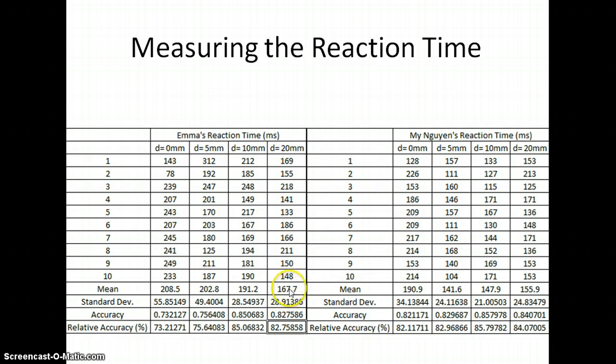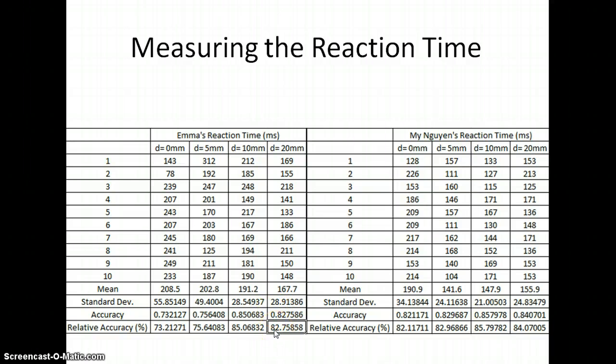So this number is more precise than this number, and this number is more precise than this one and this one. We can see that the deviation is 28.5 and 28.9, which means not as varied as the last two times, and the relative accuracy also increased from the 70s to 85 and 82.75.